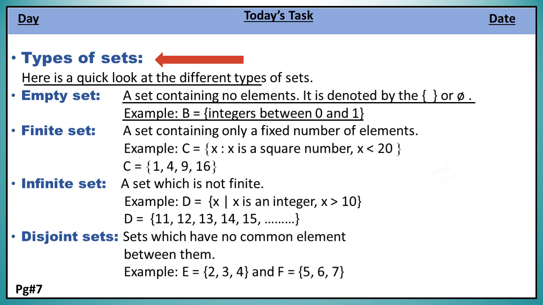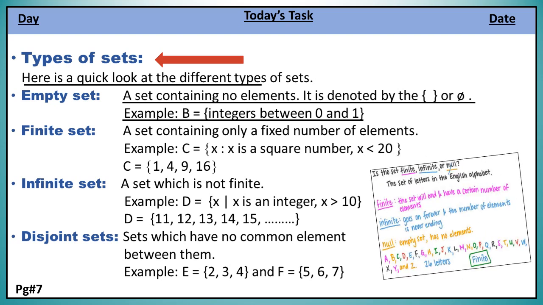Let's come to know about finite set. Dear students, a set containing only a fixed number of elements. Finite set हमारे पास ऐसा सेट है जिसकी एलिमेंट्स लिमिटेड होती हैं, यानी ऐसा सेट जिसकी एलिमेंट्स खत्म हो जाती हैं. For example, set C is equal to x such that x is a square number, x less than 20.